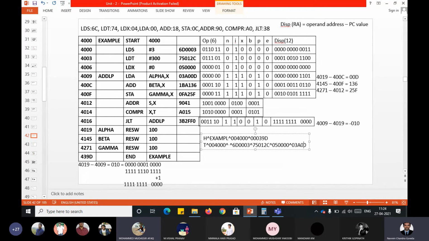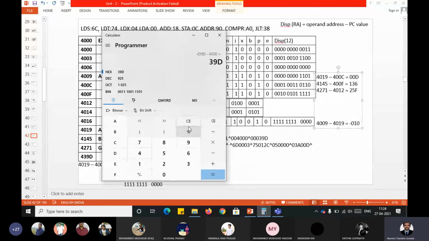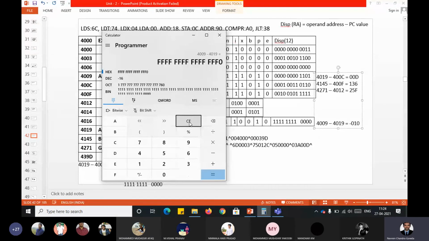Sir, minus 10 is FF6, no, sir? In the calculator, minus 10 is FF6. No, I did not get you. See, when you subtract 4009 minus 4019, you get FF0. You are talking about minus 16 in decimal.